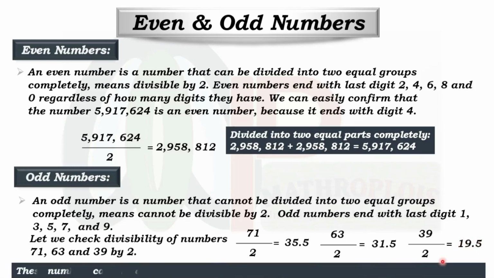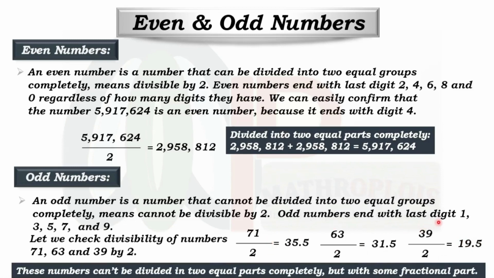We can note here that all such numbers end with last digits 1, 3, 5, 7, and 9, like above. Numbers 71, 63, and 39 cannot be divided into 2 equal parts completely, but with some fractional parts also.